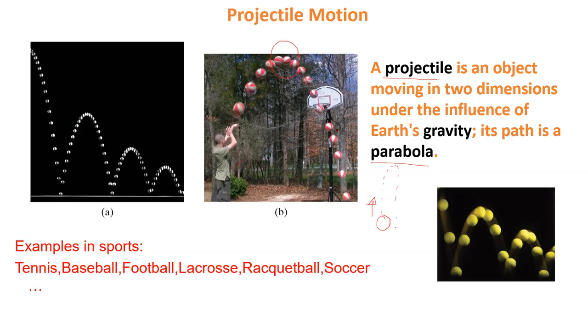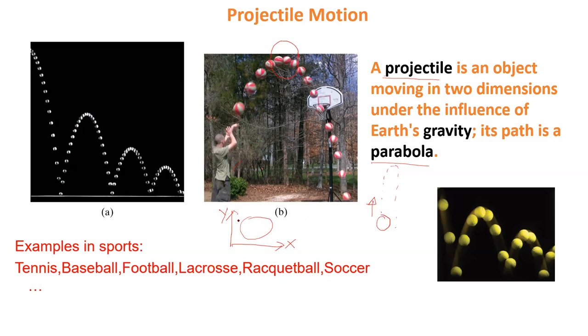Projectile means it is moving two-dimensionally. You can see that it is not moving straight horizontally, or going only this way, but it is moving in this 2D plane. We call this positive y, this positive x.